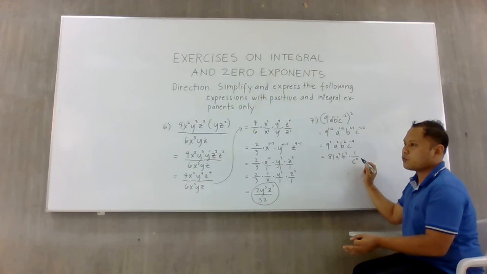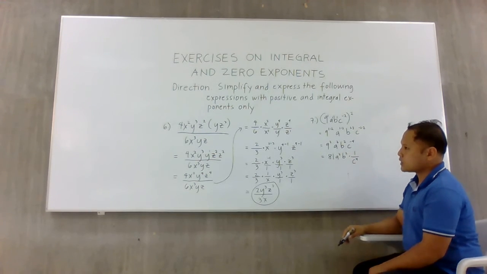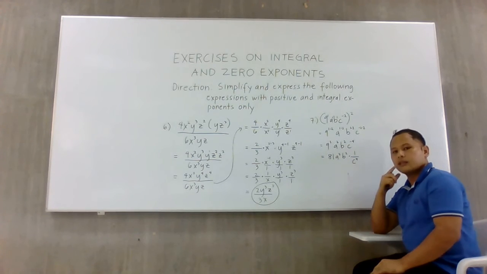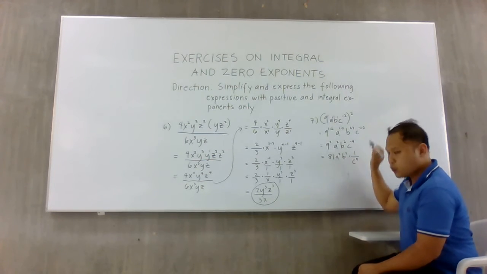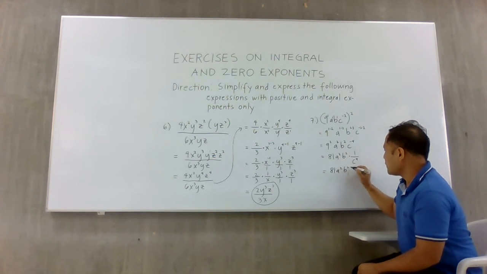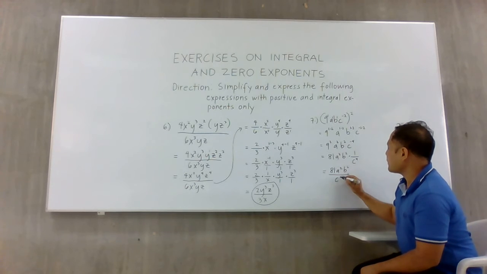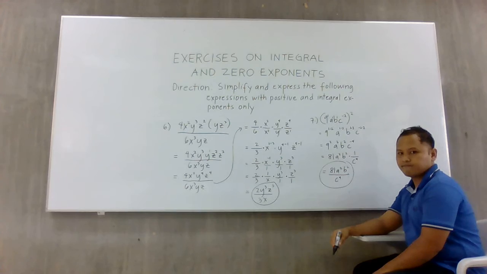Remember that whenever we multiply a whole quantity by a fraction, we just multiply that quantity in the numerator, then copy the denominator. So we can have 81 A squared B squared times 1. The numerator then is 81 A squared B squared. And the denominator is C to the power of 4. So this is the final answer.